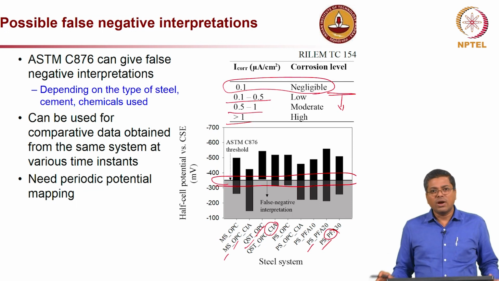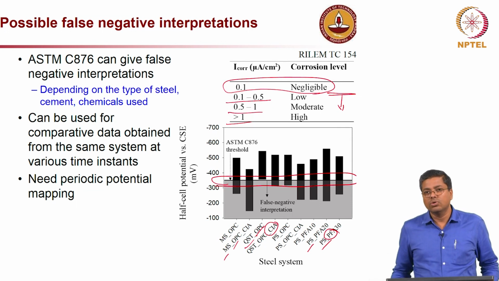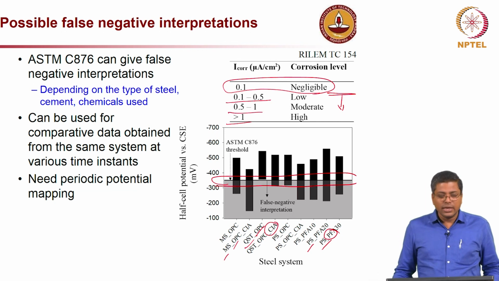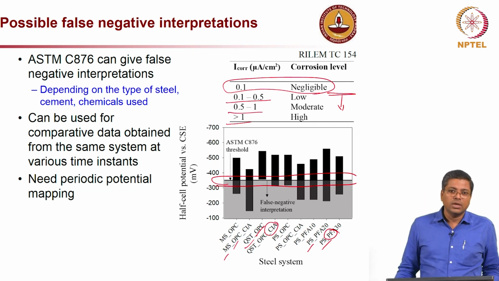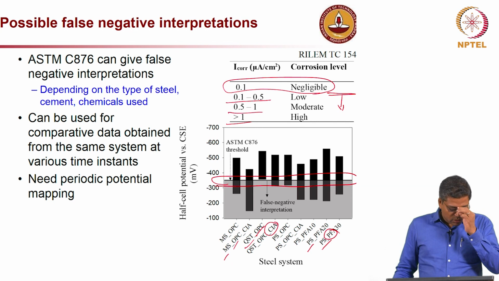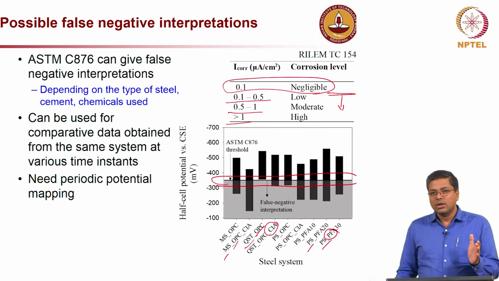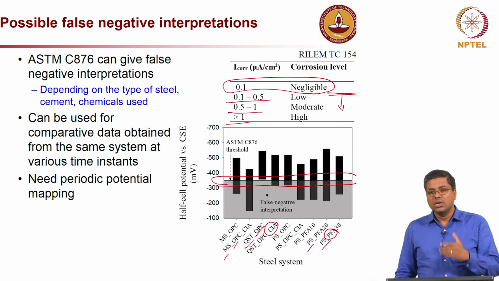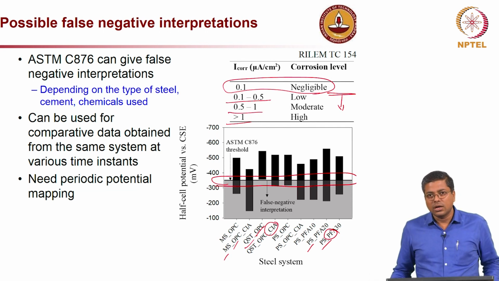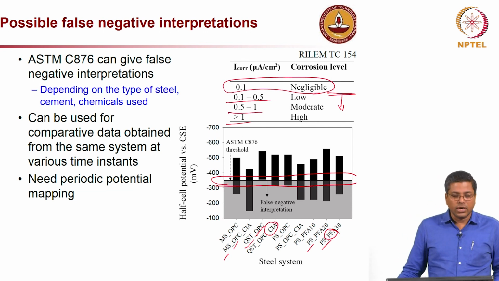That is all we can do at this time. Instead of blindly looking for minus 350, which is not a good approach, we have to compare various points on the structure which are made of the same steel concrete system.